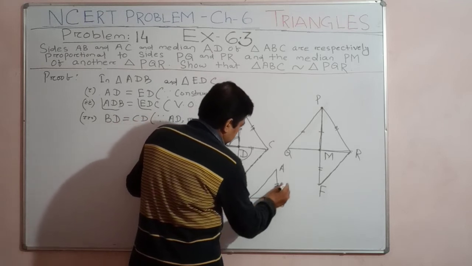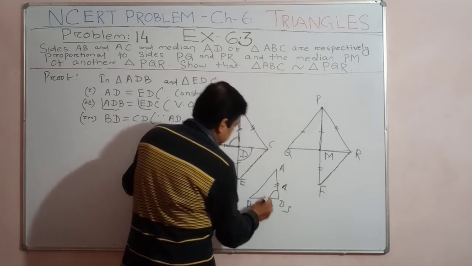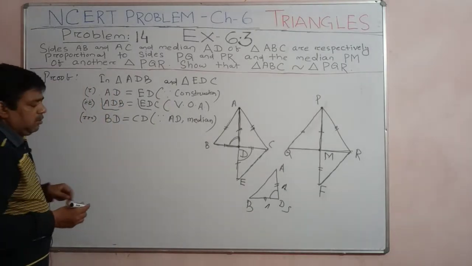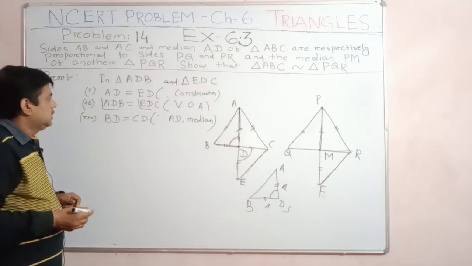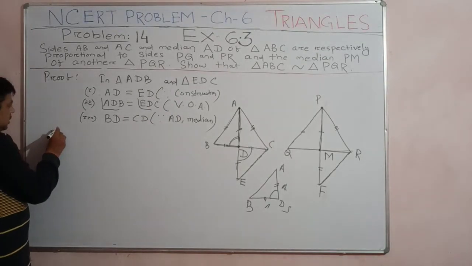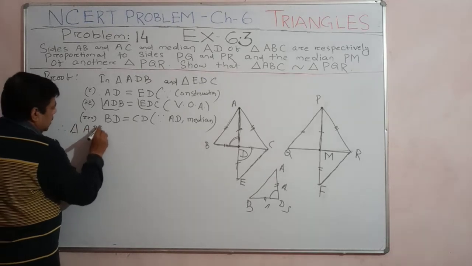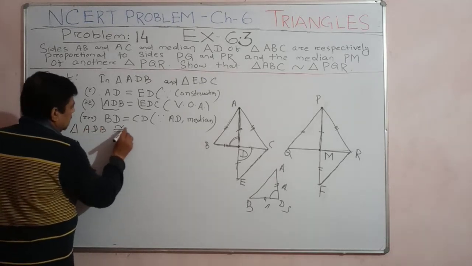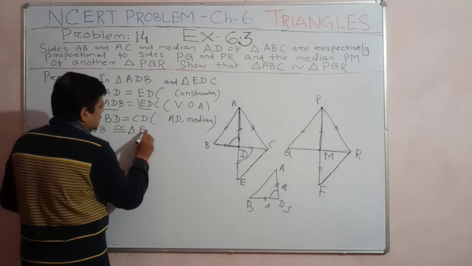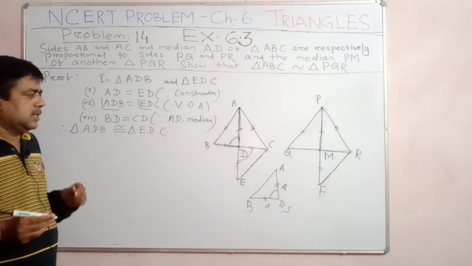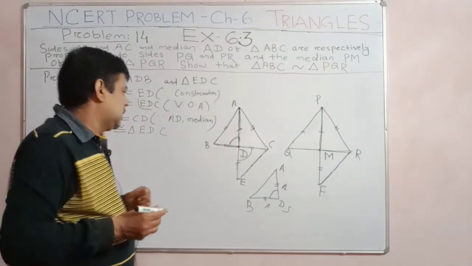According to the rule, can you say the triangles are congruent? Yes. Triangle ADB is congruent to triangle EDC, and this is the relationship between the two triangles.